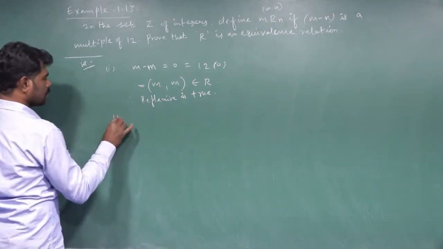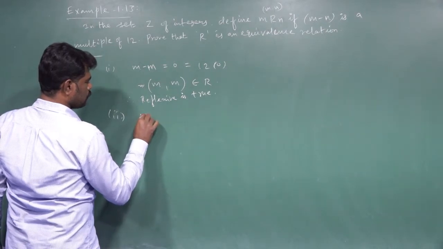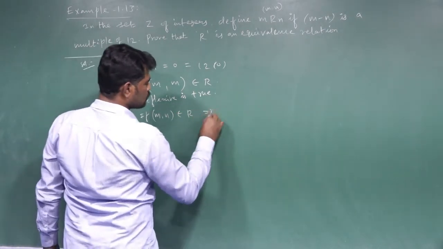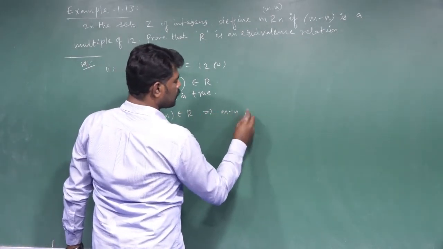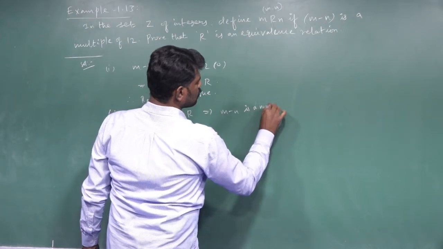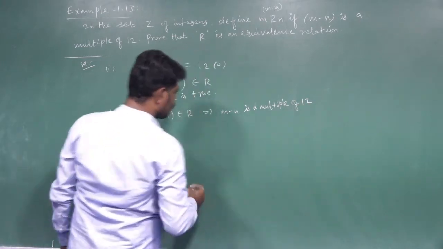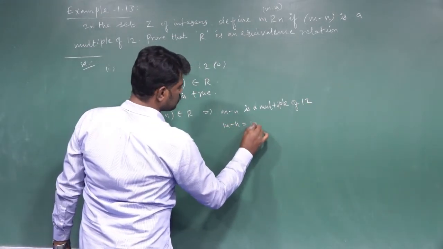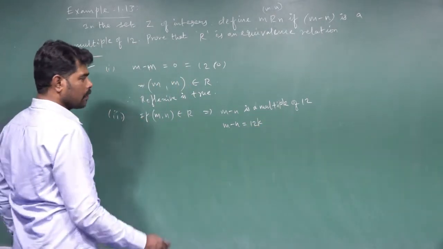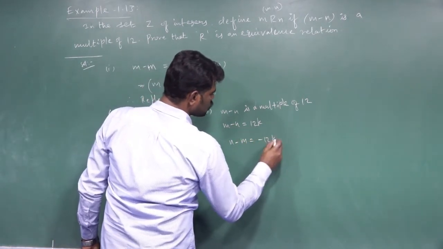That's all. Second case, if m comma n belongs to R, this implies m minus n is a multiple of 12, that we can write as m minus n is equal to 12 into k, some scalar. This one we can write as n minus m is equal to minus 12k.